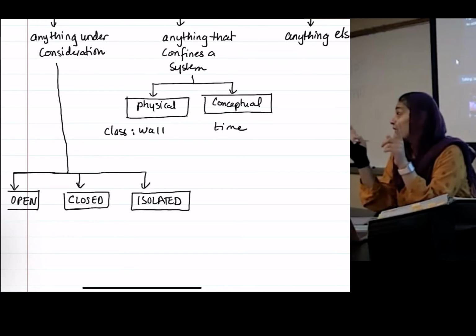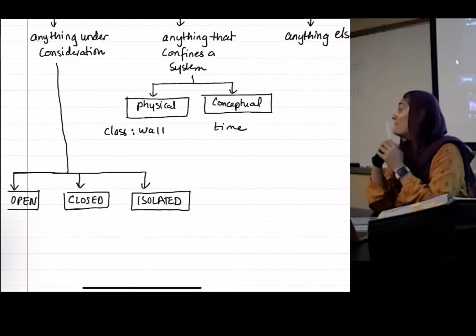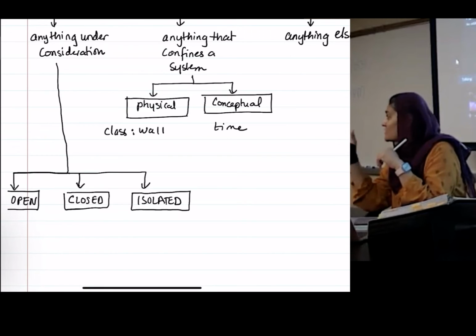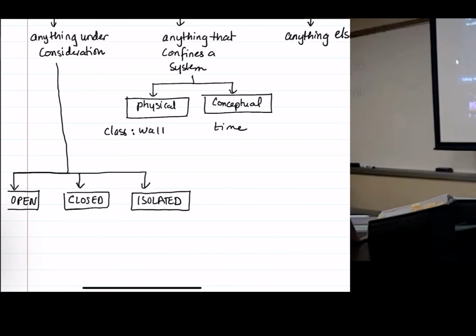Now, boundaries will play a very important role. What do you think an open system is? No, it has boundaries. Yes. So, an open system is this system.